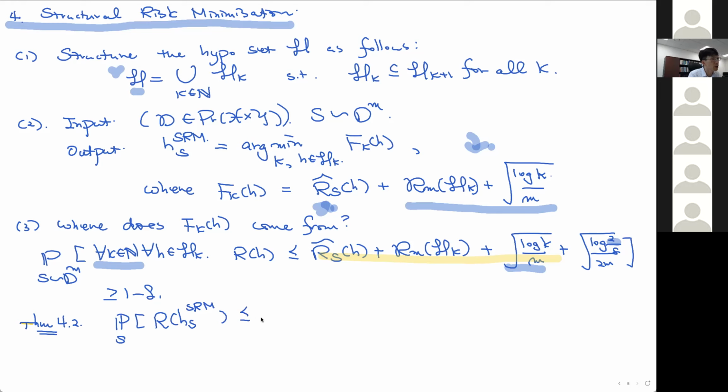And that's bounded by the infimum over h. So this K(h) means the index of the minimum hypothesis set that contains h.